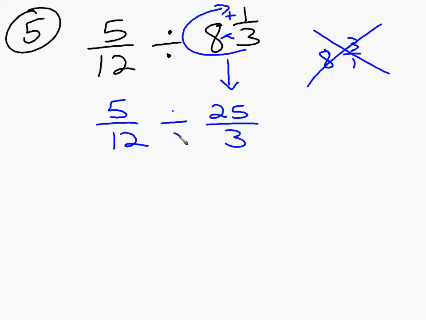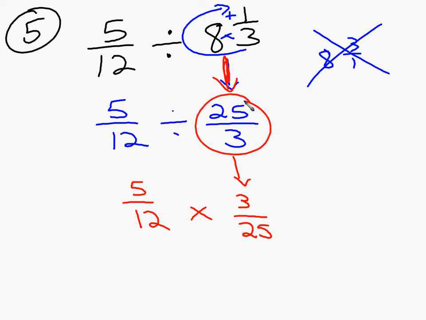Once we've done that, now we are ready to flip the second fraction, make this 3 over 25. Okay, we're going to multiply by the reciprocal. And now we are ready to do our multiplication and our factoring. Okay, so what's really important here is this step. Make it improper first, then multiply by the reciprocal.